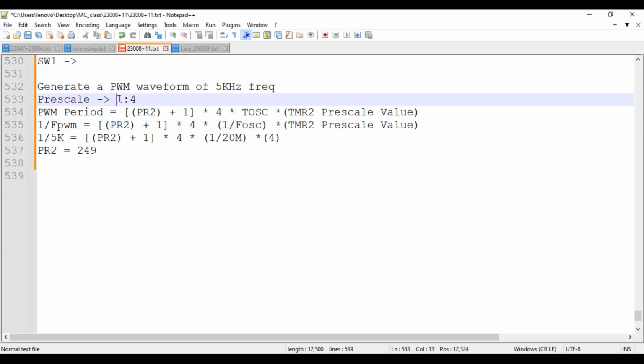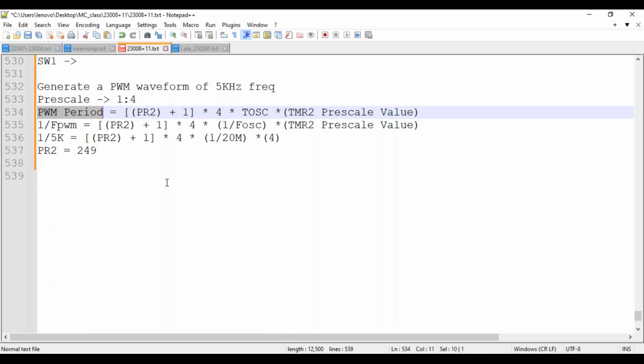You can choose a bigger prescalar value, 1:16 or more, according to the availability of the prescalar. In Timer 2, if I'm not wrong, the maximum prescalar available is 1:16 itself.